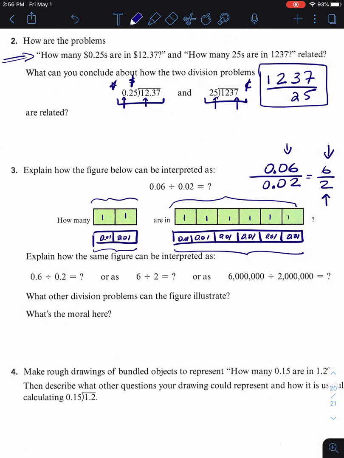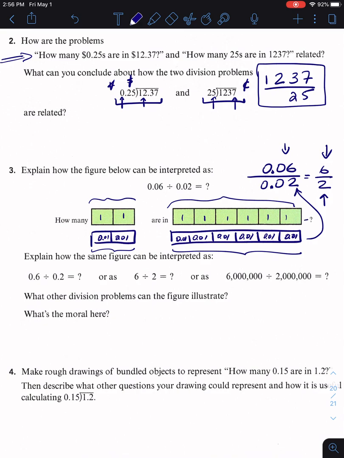So that version is going to be the original division. And if we wanted to find how many 2 millions there are in 6 million, that's still going to be the same diagram, except each one of those little green rectangles means a million. It could represent any other division where the 6 and the 2 have the same place value, the same bundles.